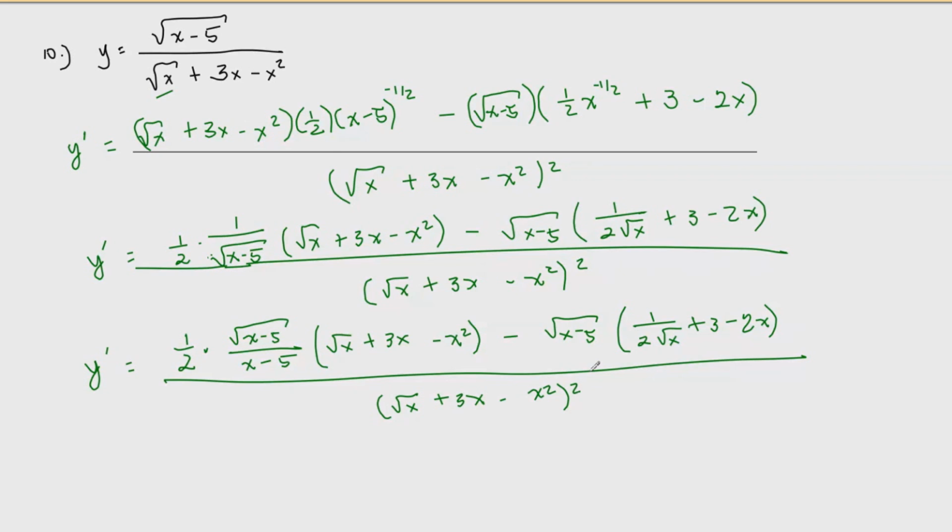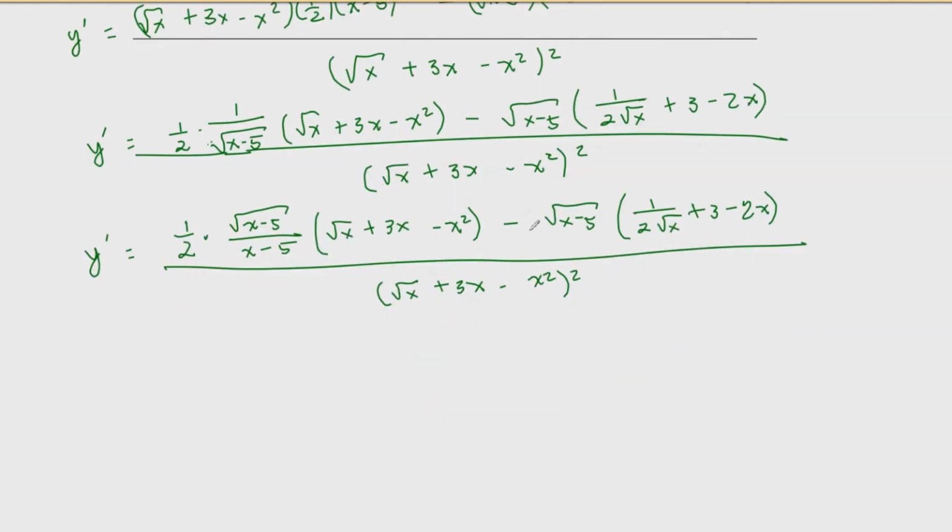Now, as you can see here, we have square root of x minus 5 and then square root of x minus 5 here. I can actually factor them out, but I'll be having this 1 over x minus 5. So, if we want to use some LCD here, we can multiply this with x minus 5 and then divide all of these terms by x minus 5.